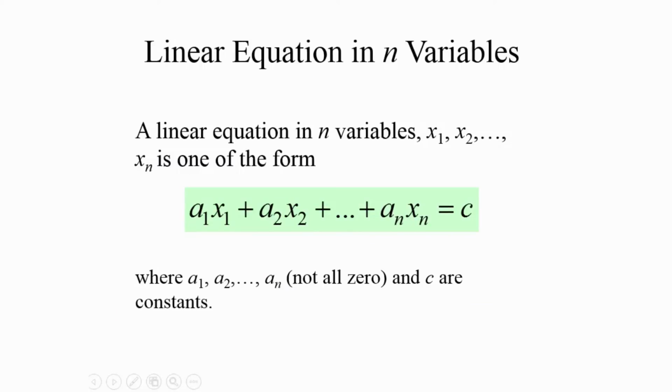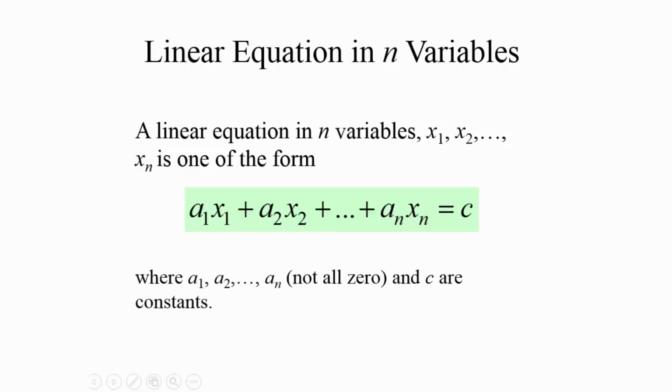Here it explains what a linear equation with n variables is. It says a linear equation in n variables, where the variables are called x1, x2, x3, all the way to xn, is in this form: a1x1 plus a2x2 plus a3x3 all the way to anxn equals a constant. Again, the a's are all constants, the x's are your variables, and c is a constant.